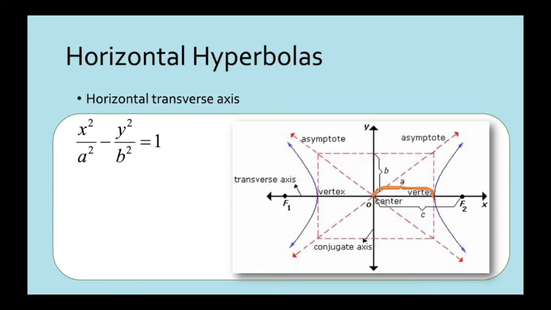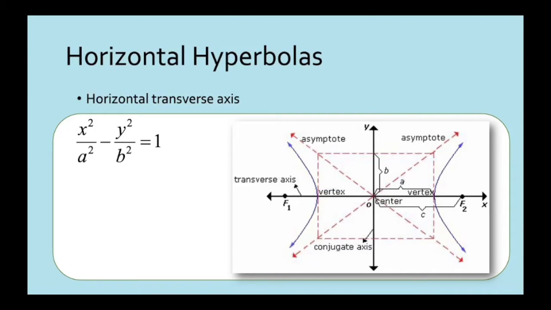That's the distance from the center to the vertex. I want you to notice that the vertex actually touches this hyperbola right here. That is the same distance from the center to the other hyperbola. Right there.